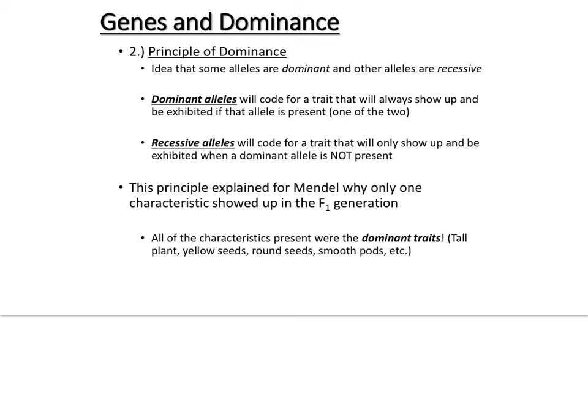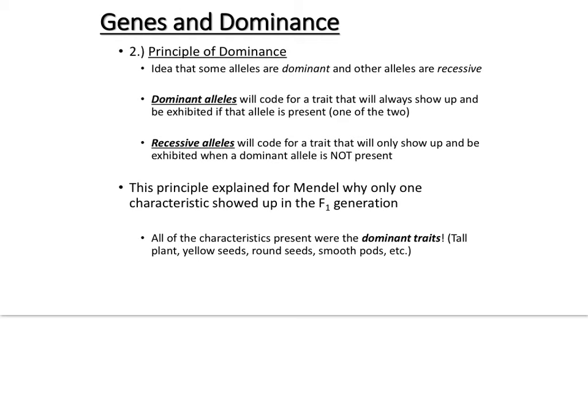So even if just one of your alleles is dominant, you will get the dominant characteristic or trait. A recessive allele codes for the other version of the trait, and it only shows up if that's the only thing you have. So if you have 2 of these recessive alleles, then you'll see a slightly different characteristic.